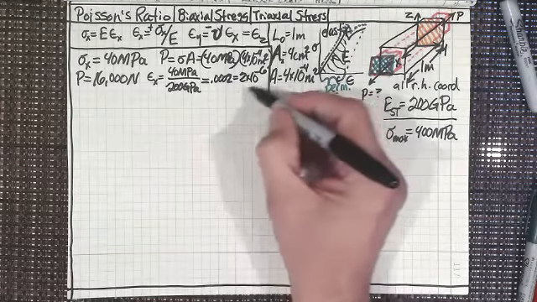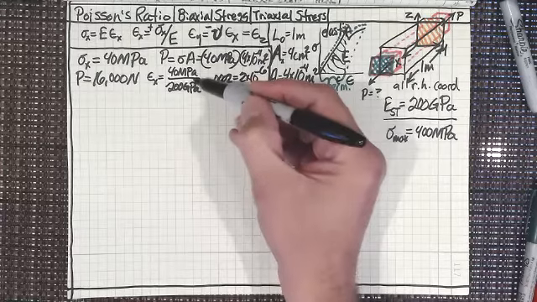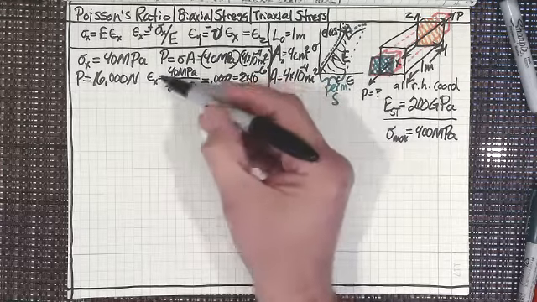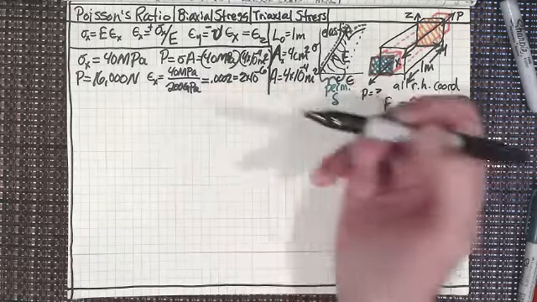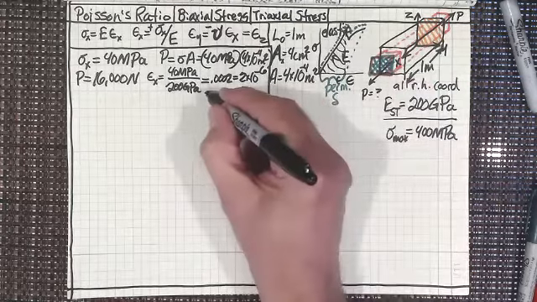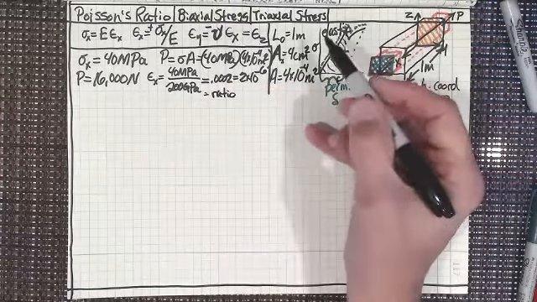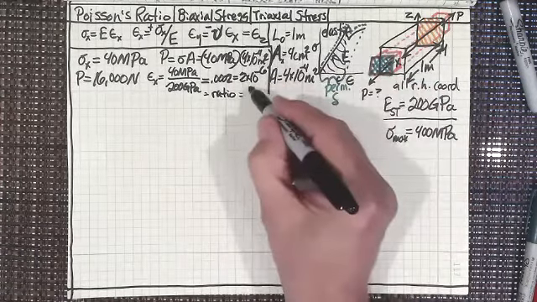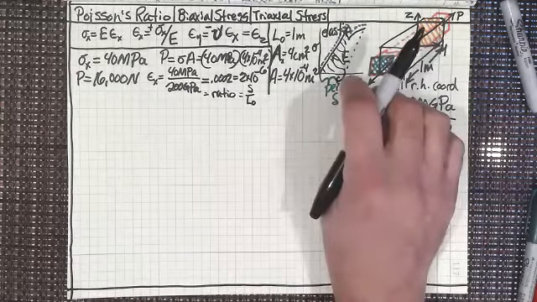Do I have any units on that? No, because it's pascals divided by pascals, and it's meters divided by meters. This is a dimensionless number. It's just a ratio. And what does it equal a ratio of? It equals a ratio of the deformation to the original length, doesn't it?